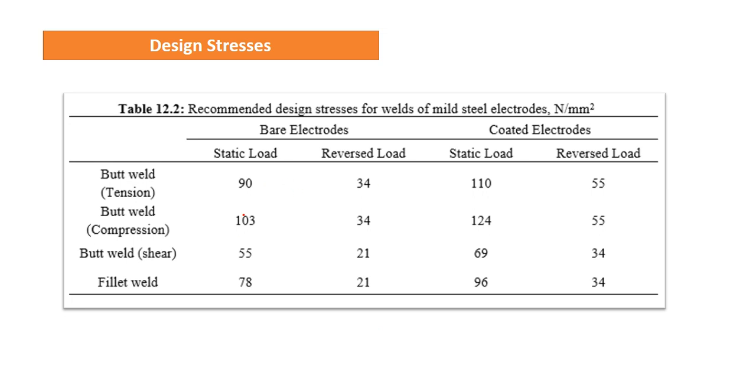Then from this table we can take an appropriate value of design stress for mild steel electrode. We design any welded joint such that the strength of the weld, that is the load carrying capacity of the weld that we have deposited between two plates, should not be less than the load carrying capacity or strength of the member which you are connecting.